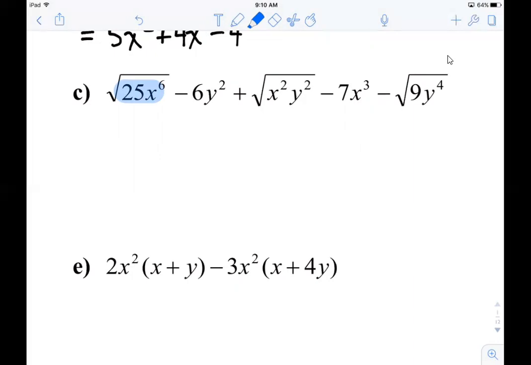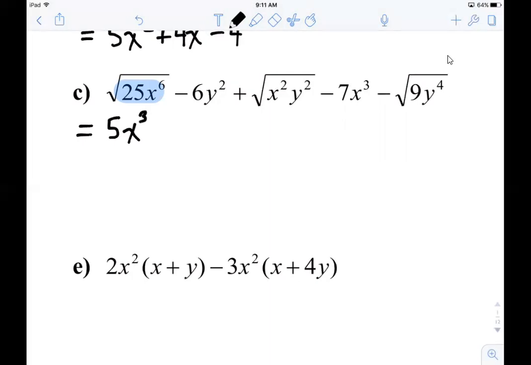What we're going to do with that coefficient part is just literally try and take the square root of it. So in this case, it's just equal to 5. To take the square root of the variable part, the x to the power of 6, just take whatever exponent it has, and square rooting is really just going to cut that exponent in half or divide it by 2. So this is going to become 5x to the power of 3, or 5x cubed.